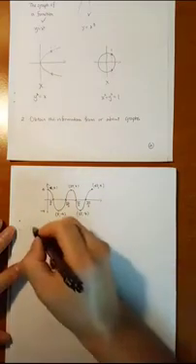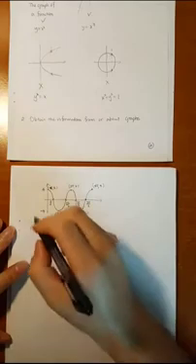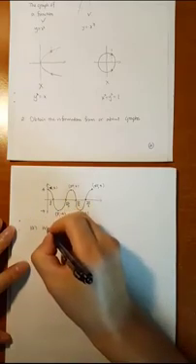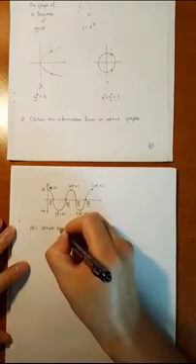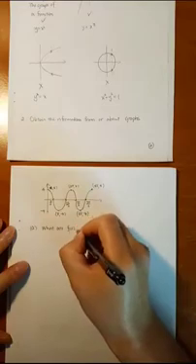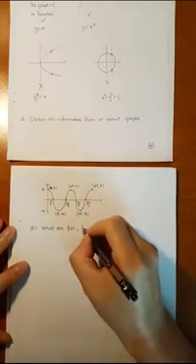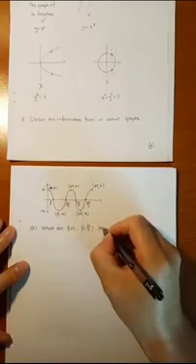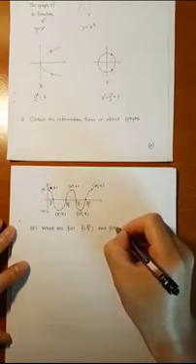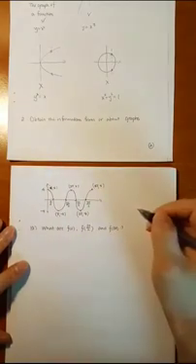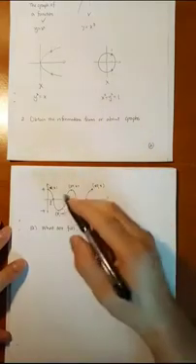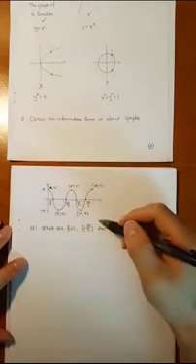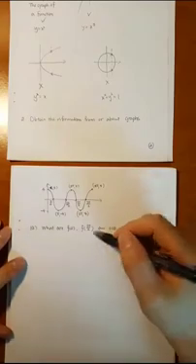Okay, A. What are f(0), f(3 pi over 2), and f(3 pi)? Because here we have some special labeled points, so we can read them.